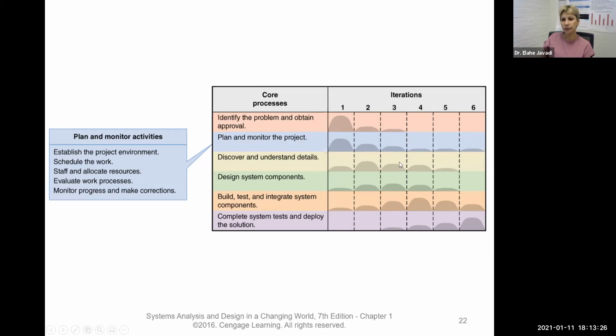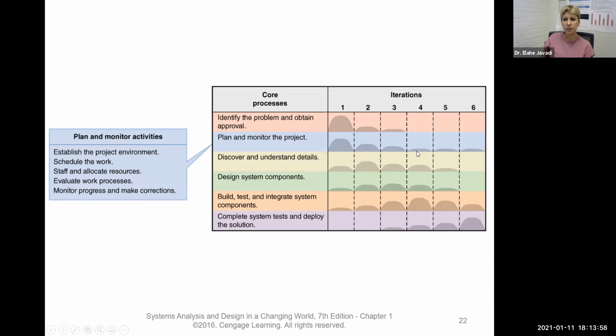In the third iteration, very little time is spent on identifying the problem and obtaining approvals because that was completed in the first and second iterations. Then most of the time is spent on designing system components and building, testing, and integrating the system components, and a little bit of time is spent on complete system testing and deploying the solution. Perfect.